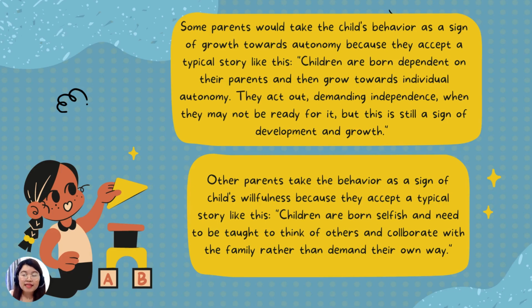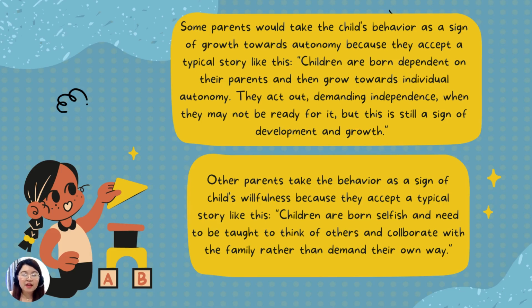They act out, demanding independence when they may not be ready for it, but this is still a sign of development and growth, right? So they take this child's behavior as positive because they believe that the child is learning to be independent. So that's a positive behavior for them. That's according to some parents.